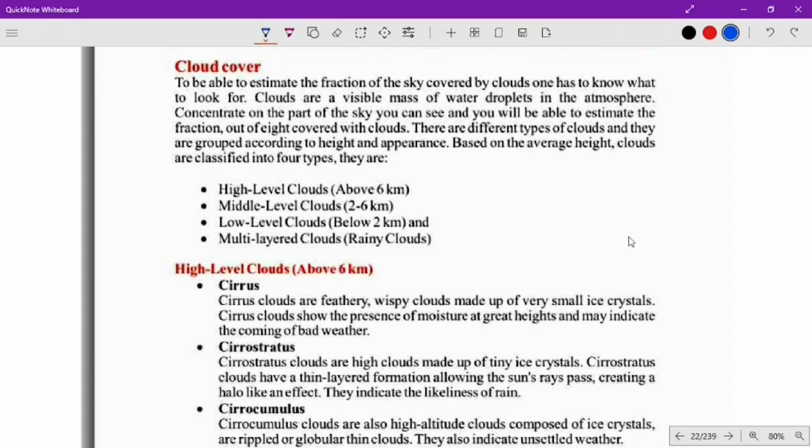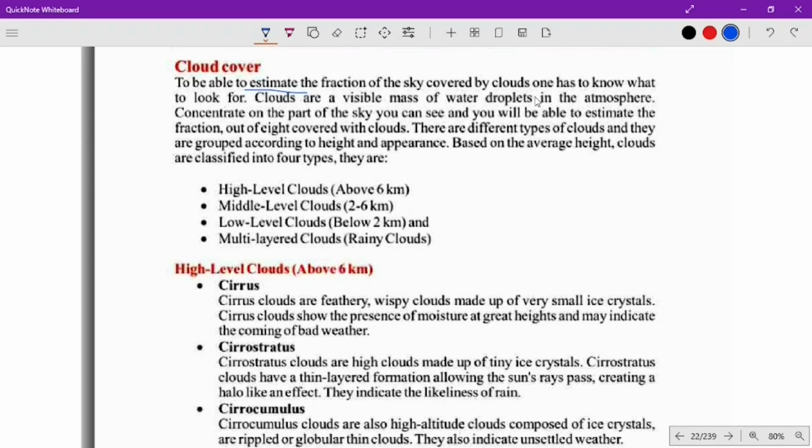Cloud cover. To be able to estimate the fraction of the sky covered by clouds, you have to know what to look for. So we have established that to measure cloud cover, we simply have to observe. We go outside the house and observe, look up in the sky, then we estimate.